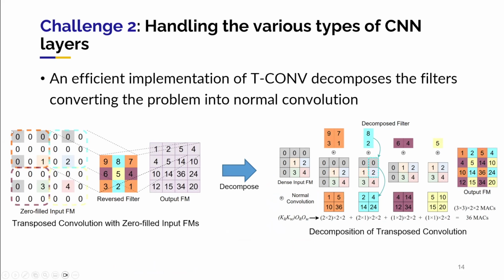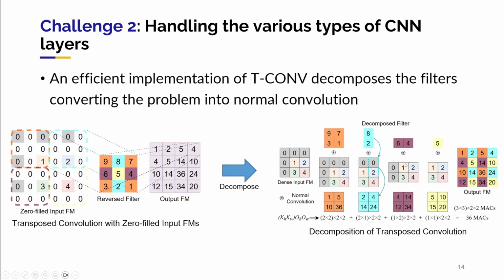For example, when the sliding window is at this position, we only need the 4 corners of this filter: 9, 7, 3, 1. When the kernel is at this location, only the middle top and middle bottom of the filter are needed, which is 8 and 2. When it's at this location, we will need the left and right. And when it's at this location, we will need just the one in the middle.